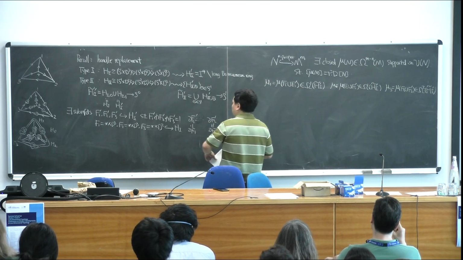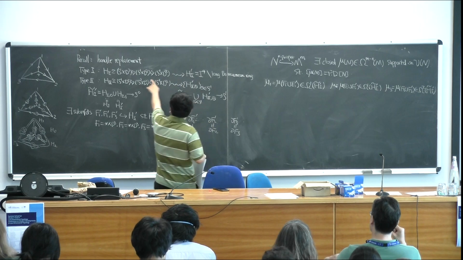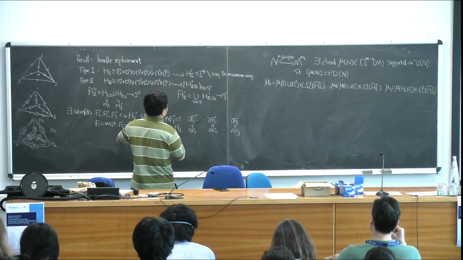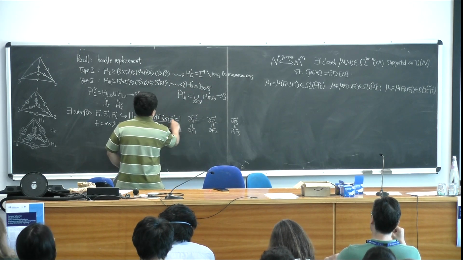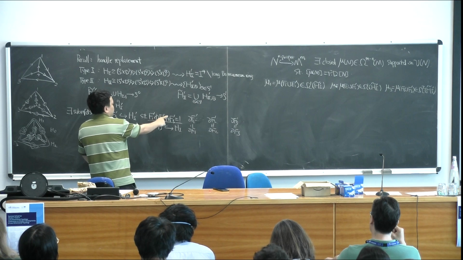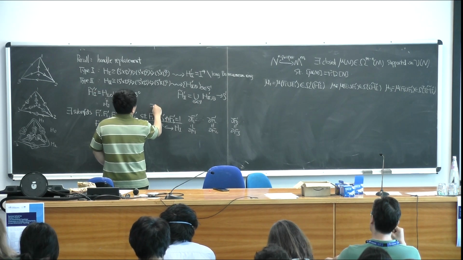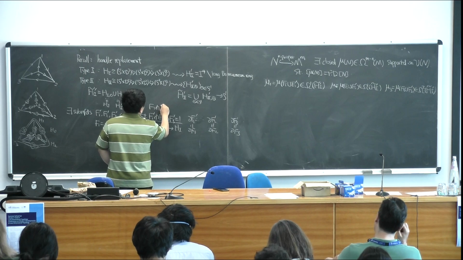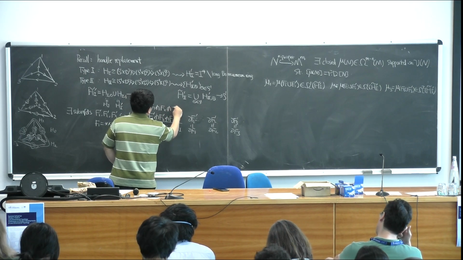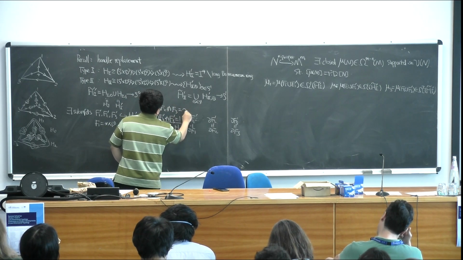And from this condition, we see that, first of all, what's the condition? F1 prime, F2 prime, F3 prime, the triple intersection between these three surfaces equals 1, while the triple intersection of the standard three surfaces is just empty.